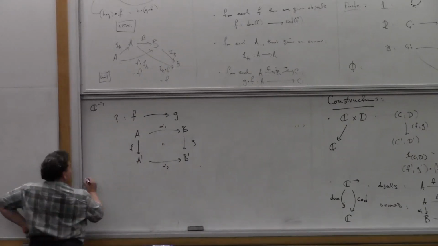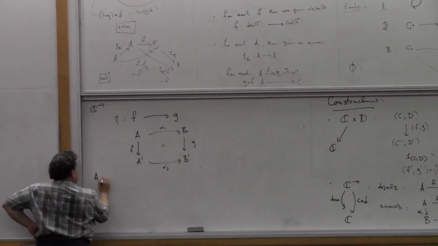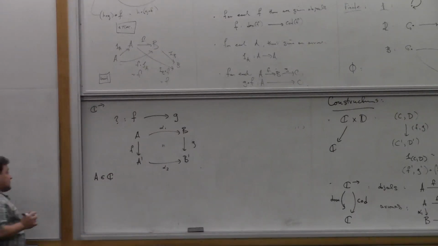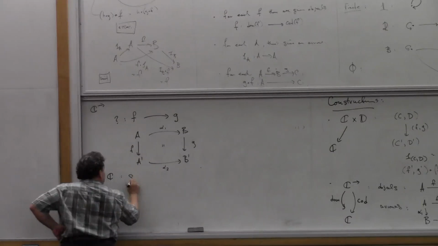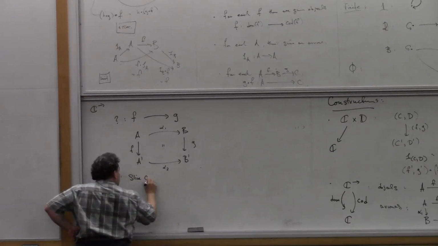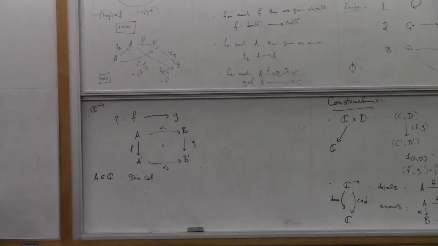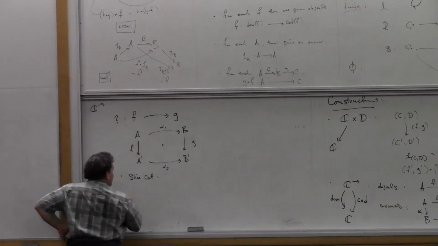Another kind of category, it's called a slice category. So take A to be any object in some category C. Then we make a slice category. This comes up all the time, strangely enough, and it's going to be used in the very last lecture when we do the categorical semantics for dependent type theory.